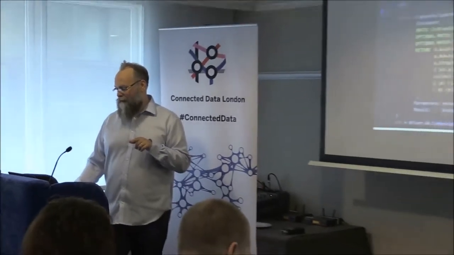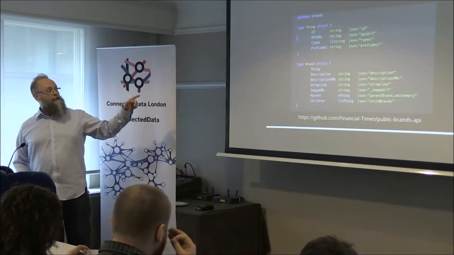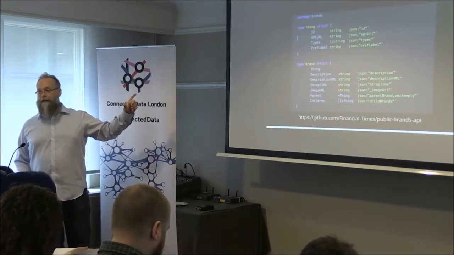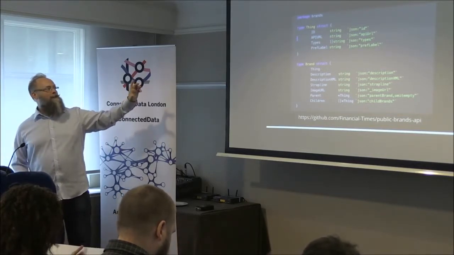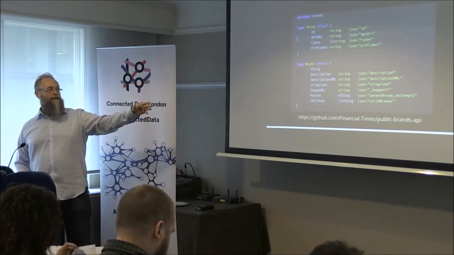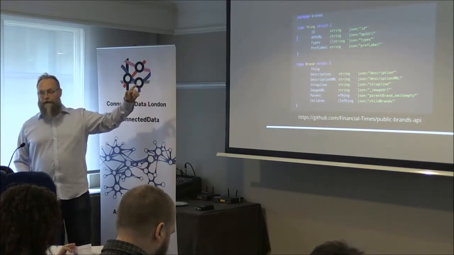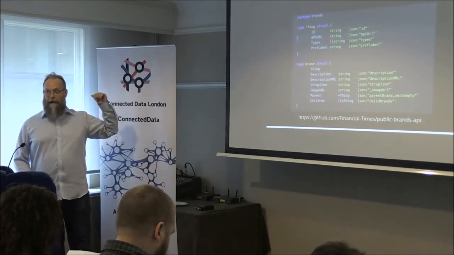Yeah. So there's two parts to that. If I go back to how it works, this is the definition of the public interface. When the messages go in and out, or actually just out in this case, because the public brand read is a read-only API, that structure defines the structure of the JSON message that's sent back out.